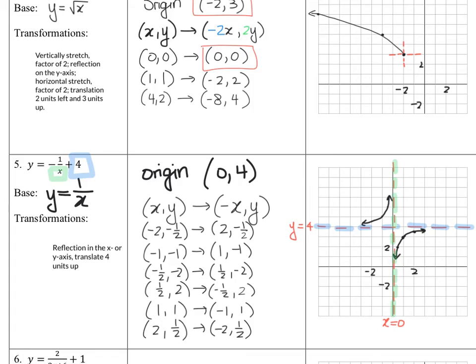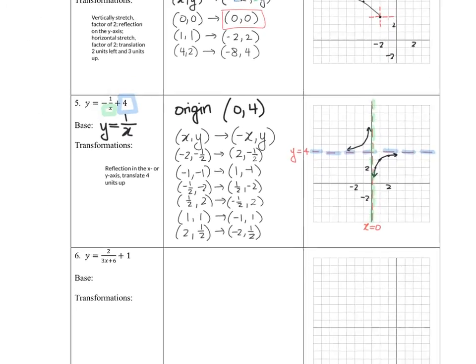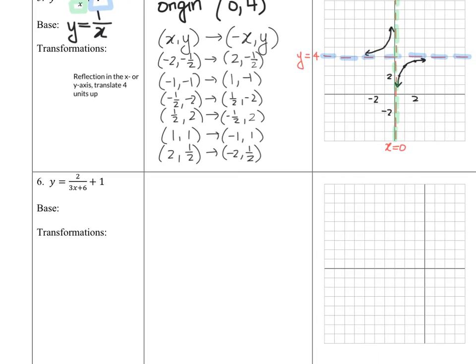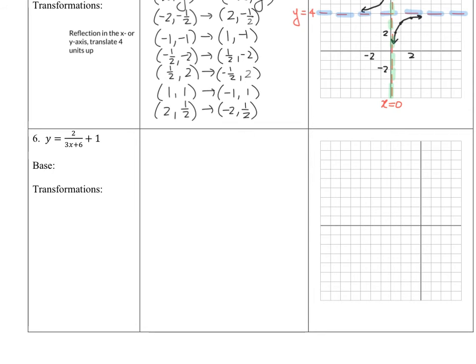So in our last example on this page, again, let's practice one more time our modified mapping notation or step pattern method. Again, we have our base function as y equals 1 over x. For our transformations, we can state that they are going to be the following.